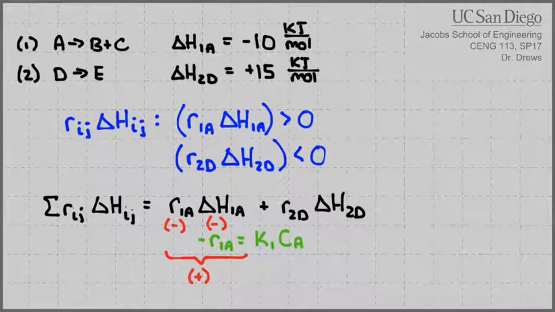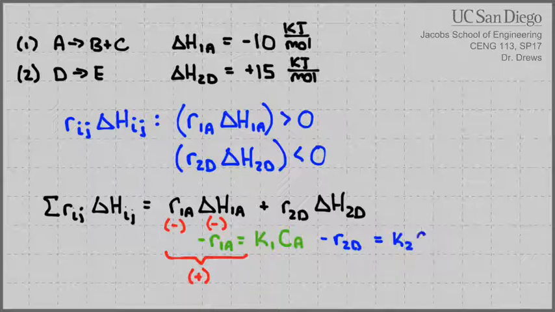If you compare it to the second reaction, R2D is equal to k2 times the concentration of species D. In general, that reaction, if it proceeds, species D is going to get consumed by that reaction.